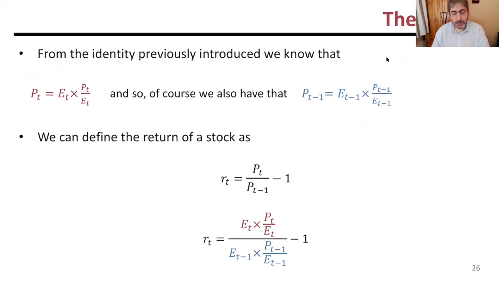The price at t minus 1 is equal to the earnings at t minus 1 times the price-earnings ratio at t minus 1. Now, if we define the return of the stock at time t as P_t divided by P_{t-1}, that we saw before, and we substitute P_t and P_{t-1} with their equivalents, we get this very weird equation.